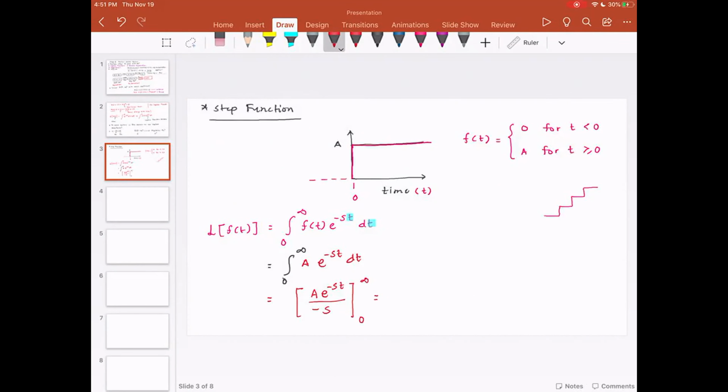Now please note, these are the values of t: t equal to 0 and t equal to infinity. So I will have a over minus s times e to the minus s infinity minus e to the minus s 0.